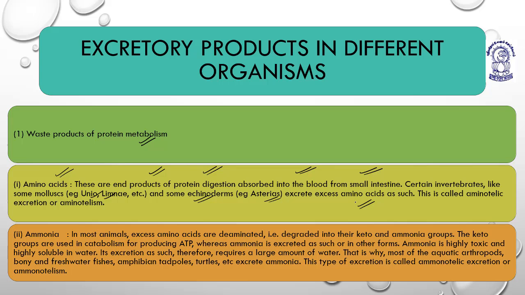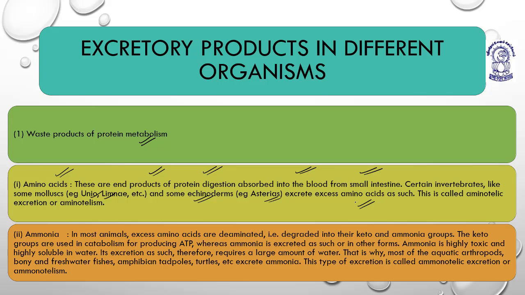So excretion of amino acids as the main excretory product occurs because they get accumulated as end products of protein digestion absorbed in blood from the small intestine. Certain invertebrates like some mollusks, Unio and Limax, and some echinoderms like Asterias excrete excess amino acids as such.